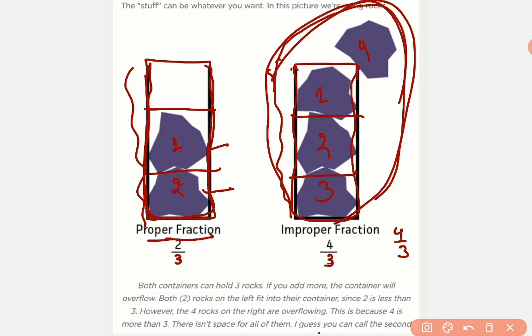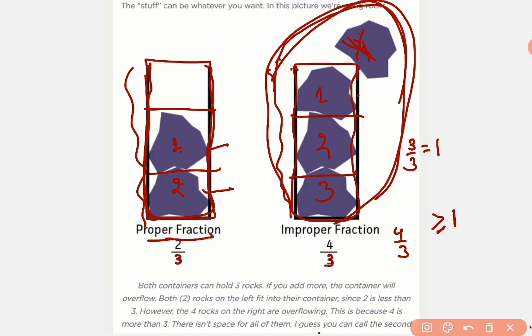So this is becoming improper. All right, so improper fractions are always greater than or equal to 1. If I take only 3 blocks in this picture instead of 4, the fraction will become 3 by 3, which is equal to 1.